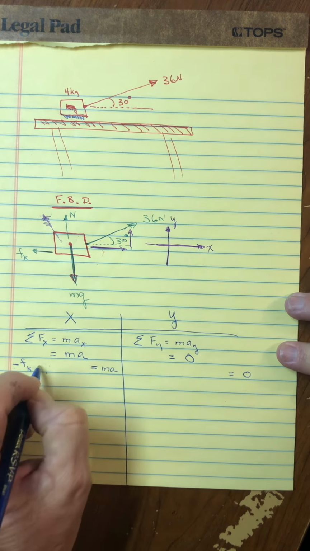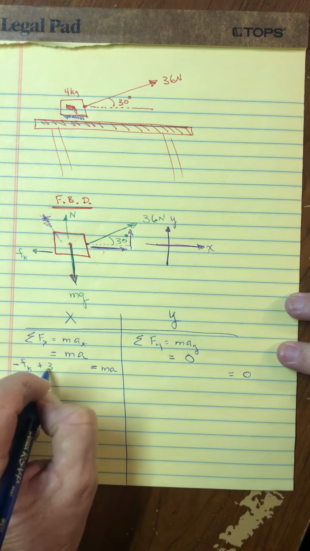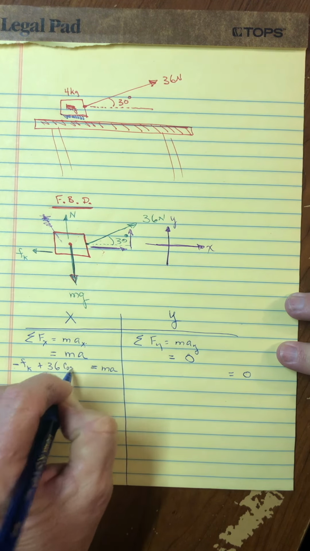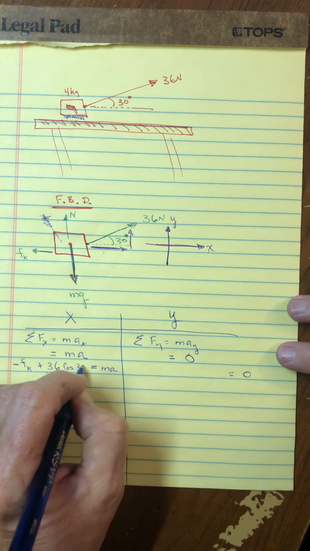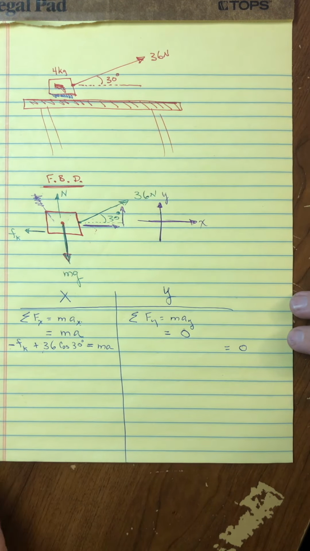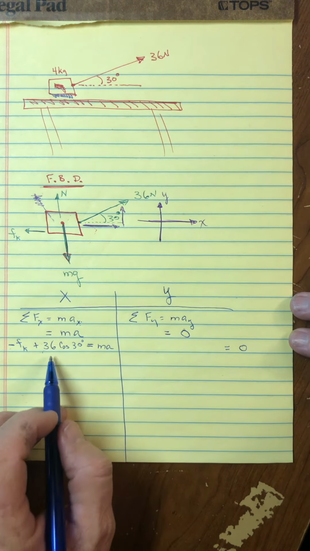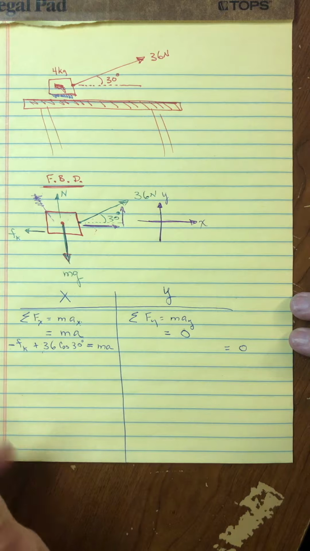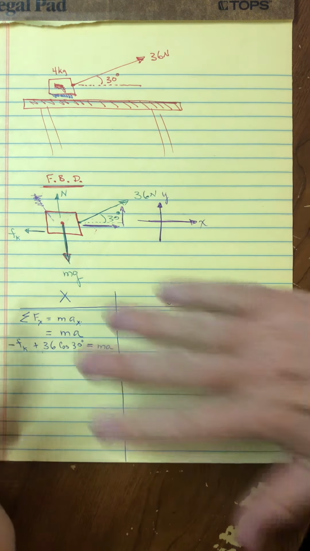So this would then be a plus 36 cosine of 30 degrees.